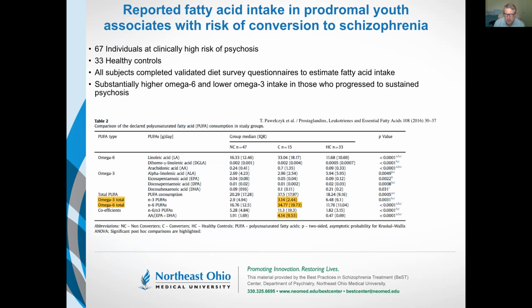I highlighted in yellow the total omega-3 and omega-6 estimated intake from diet, and they found that of the individuals who were prodromal, who ultimately converted to schizophrenia, they had a much higher ratio of omega-6 to omega-3 fatty acids. So dietary omega-6 versus omega-3 intake appeared to be predictive, or at least a risk factor for conversion to a schizophrenia diagnosis amongst prodromal youth.